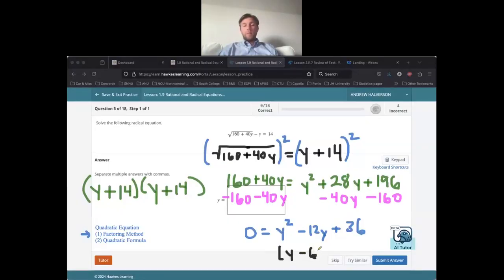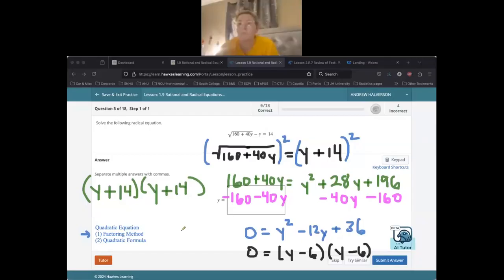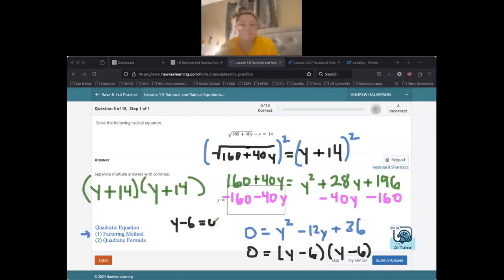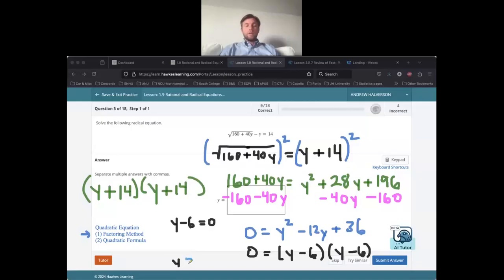It becomes y minus 6 times y minus 6. So can you put y minus 6 squared as an answer? No, because remember what we're trying to do. Once you factor it, you set each individual factor equal to 0.